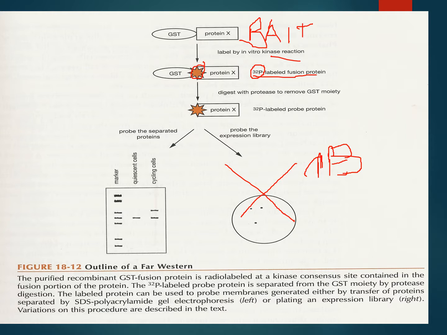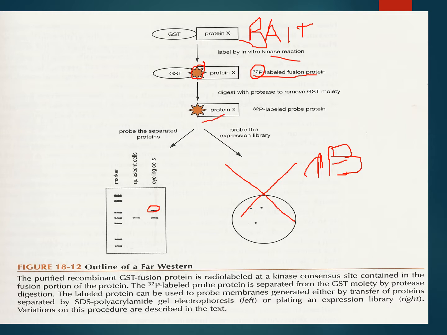And in this case, in cells that are not dividing, we see one protein. And that same protein is in dividing cells, but we see a second protein or a second prey only in cells actively dividing. Okay, so this could be wild type cancer cells, etc. And we're looking for proteins that are the prey for the bait.